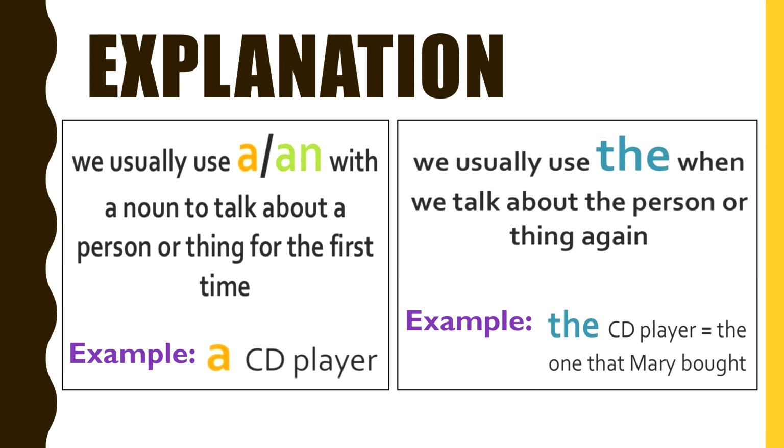Example, if I say, I saw a cat. I have a CD player. I'm using the article a here because I'm talking about these things for the first time. But when I repeat about them in the same paragraph in writing or when I talk, then I will use the article the before them.